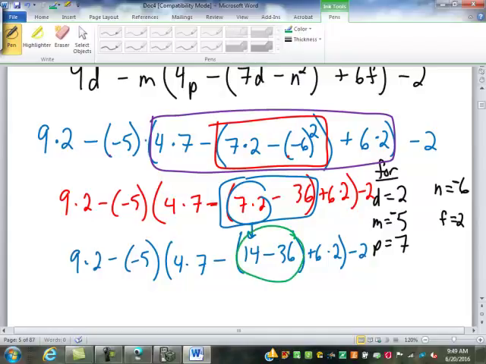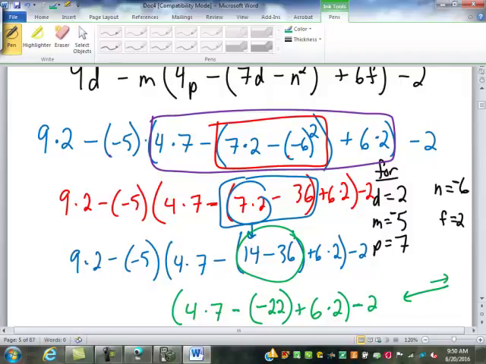I'm still working inside the parentheses. All that's left is 14 minus 36. Positive 14 minus 36 is negative 22. Very good. Now I've reduced the parentheses to a single number, but I'm going to leave them in there because it's a negative that's inside there. So I use that negative, or the parentheses, to separate the negative.